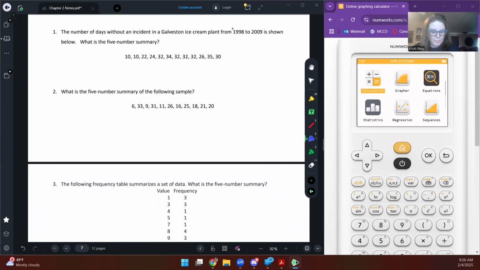So for number 1, first thing I'm going to do is write these in number order. So I have 10, 10, 22, 24, 26.